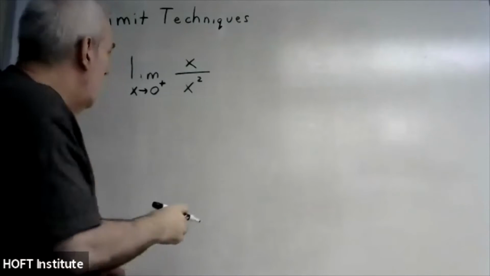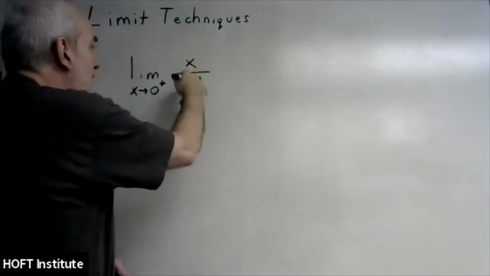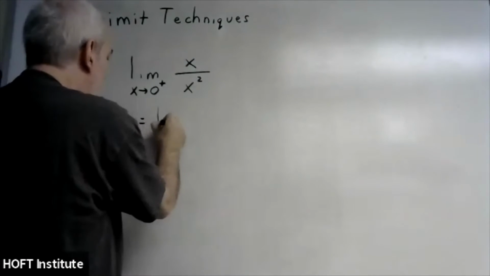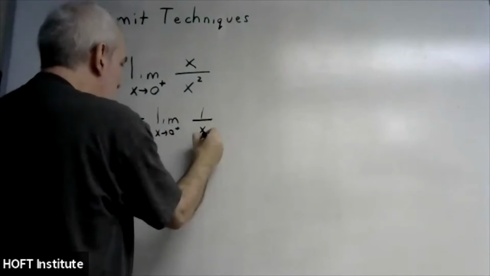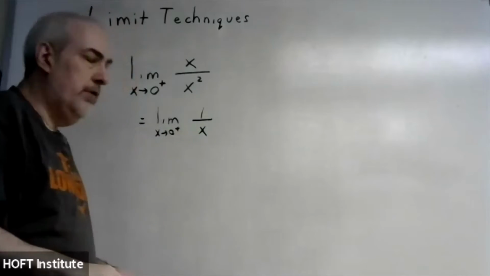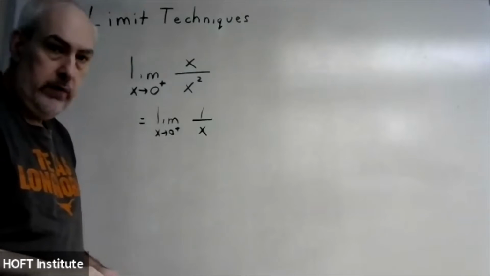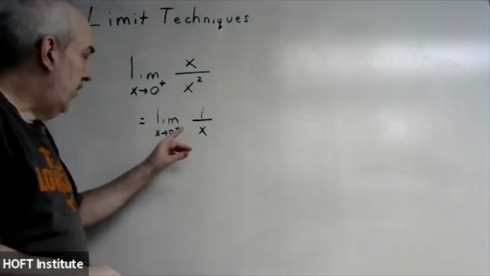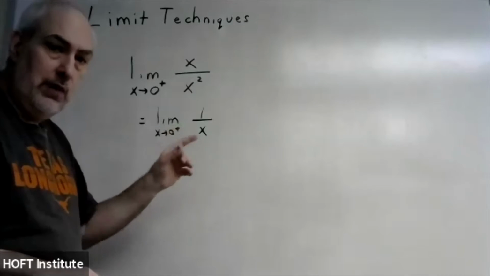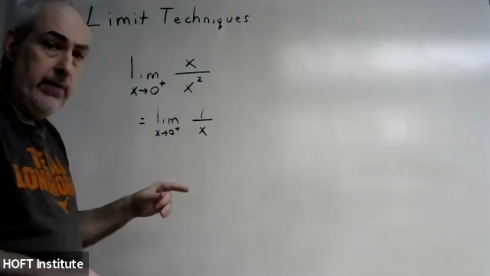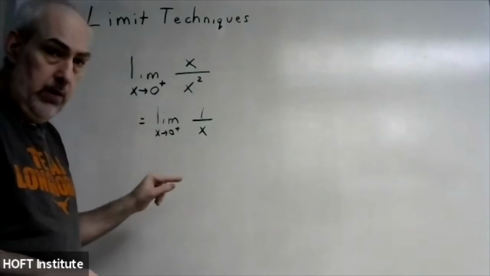Okay. Well, you can get rid of an x on the top and bottom, factoring. And then we wind up with the limit as x approaches 0 from the right of 1 over x. So we have the top is a constant and the bottom is approaching 0. So instead of 0 over 0, we now have a constant over 0.